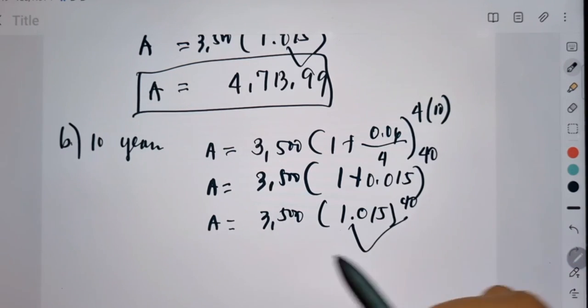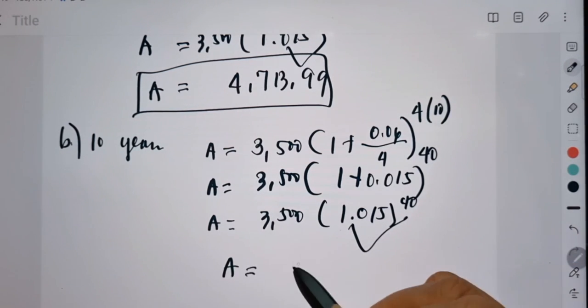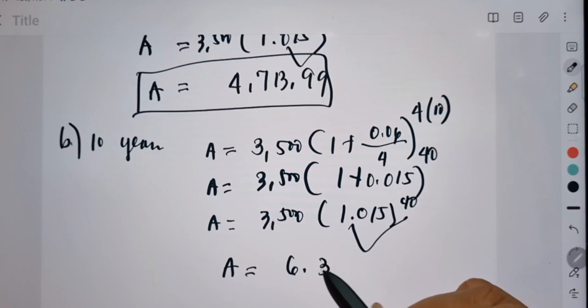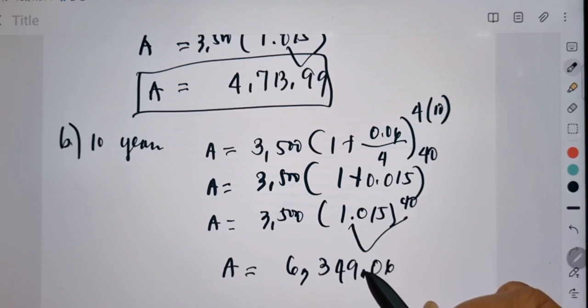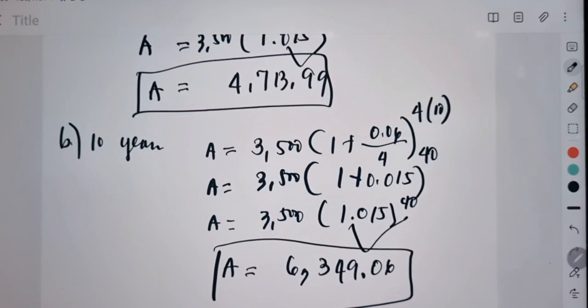So i-raise nyo sa 40, then i-multiply dito. Ang final amount mo ngayon ay 6,349.06. Okay. Yan ang magiging amount na makikredit sa account after 10 years. Okay, so that's how you're going to compute for compound interest. Bye!